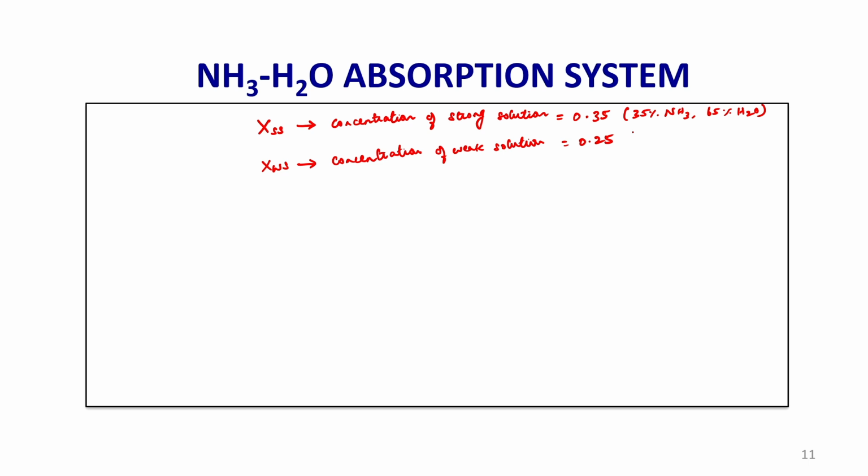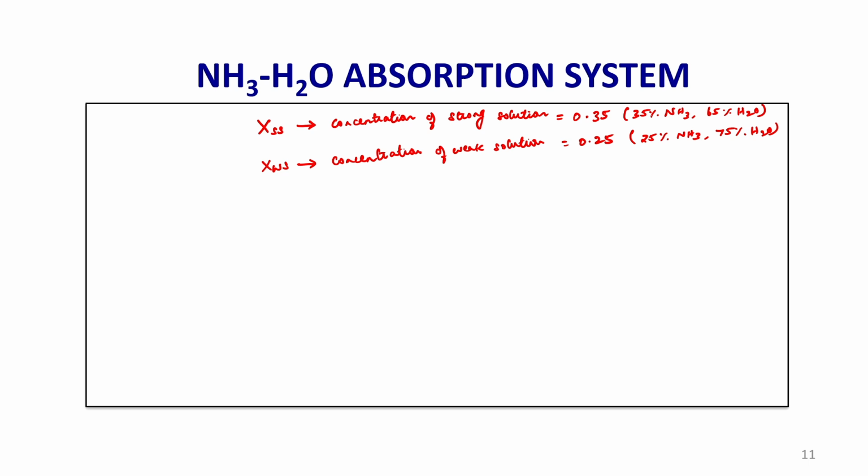Before explaining, let us write the similar numbers for the weak solution. When I say weak solution concentration is 0.25, the solution contains 25% ammonia, 75% water. So the comparison should not be made horizontally, it should be made vertically between strong solution and weak solution.